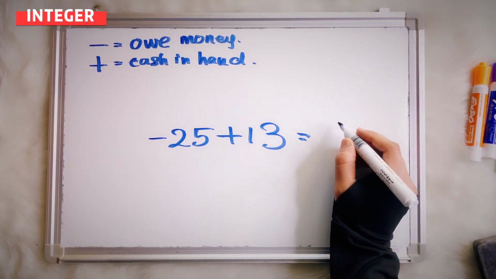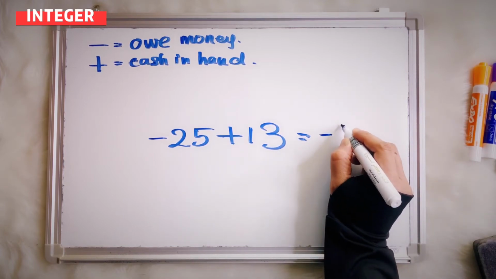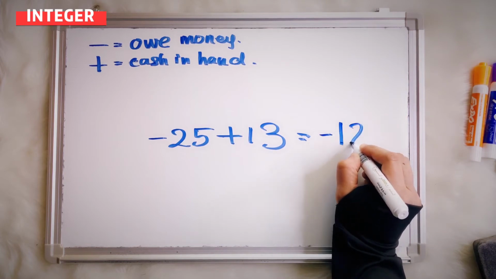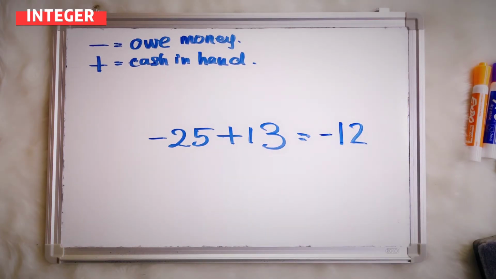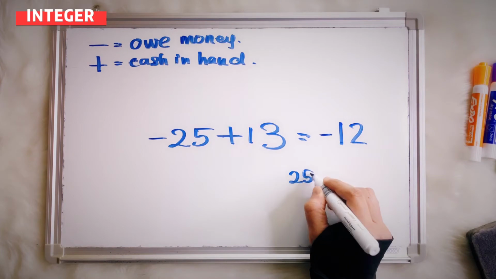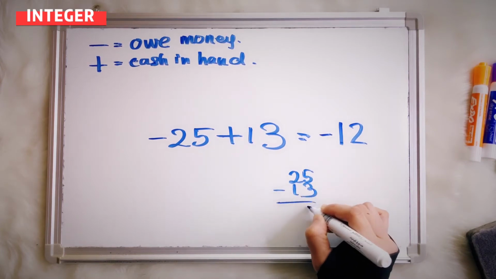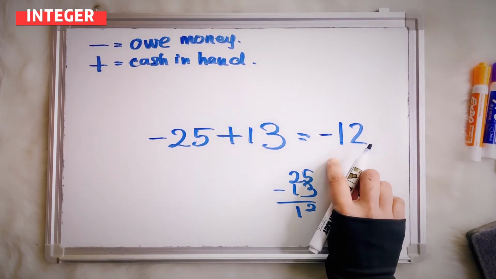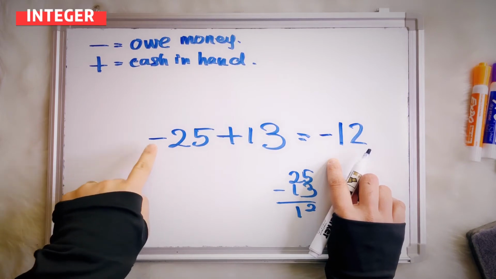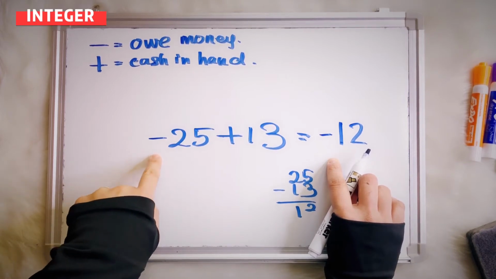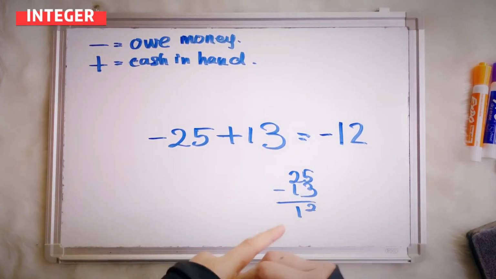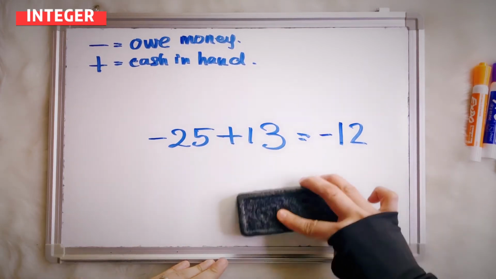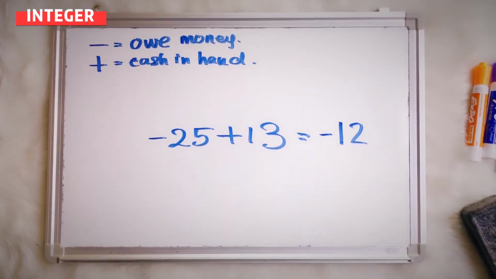So you still have a negative 12, correct? Because 25 minus 13, you will have 12. But you see, the negative number is bigger than 13. So you still owe me $12.